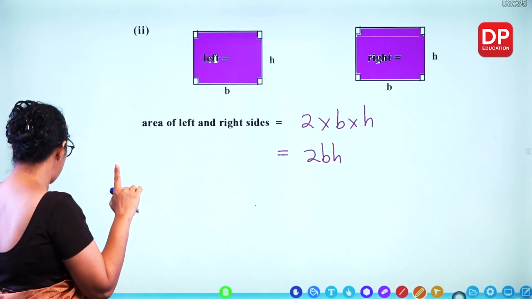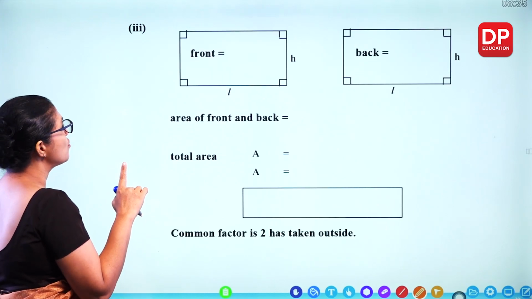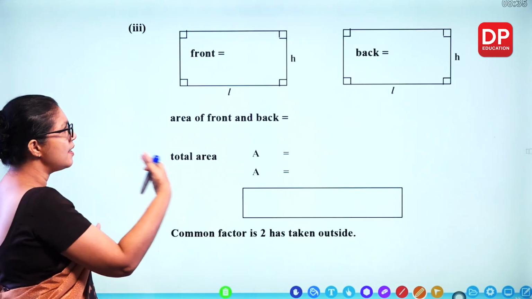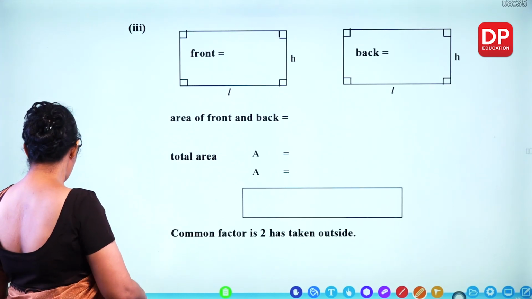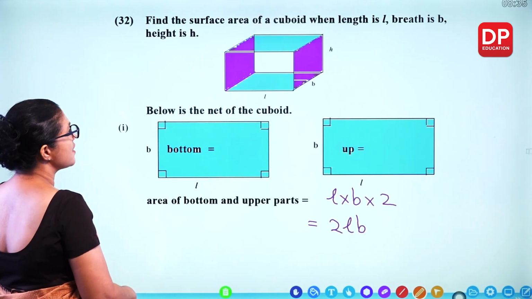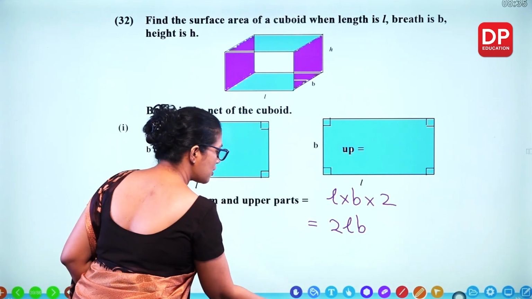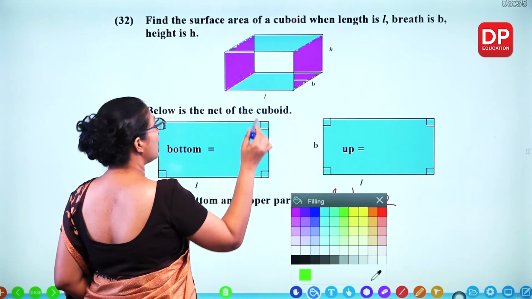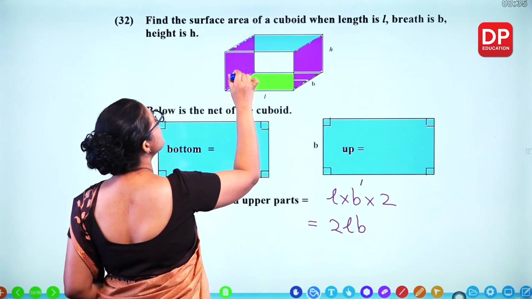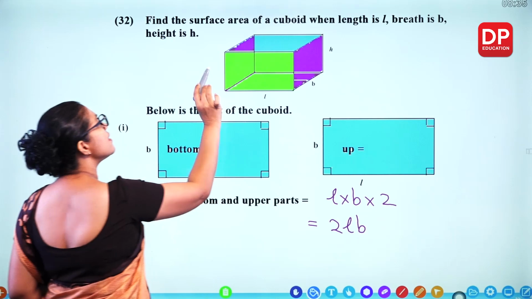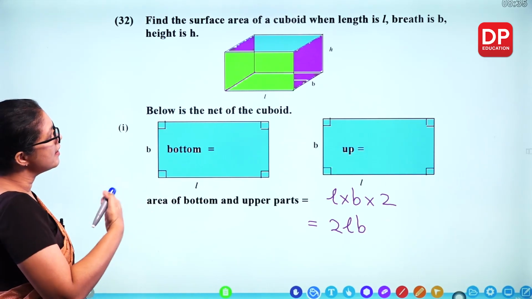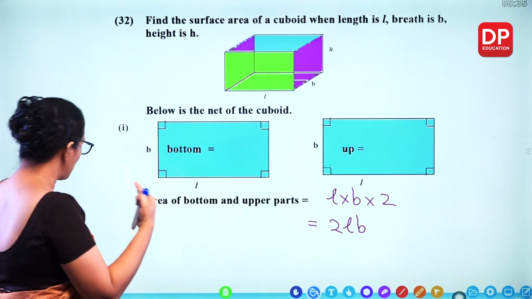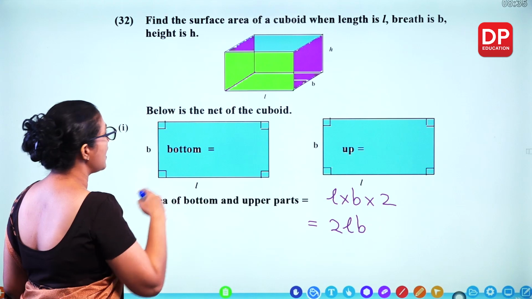Now we'll look at the other side. The other two sides are the front side and the back side. You get the same area. So what's the front side here? I'll take green color. So this side is the front side. What's the area of the front side?